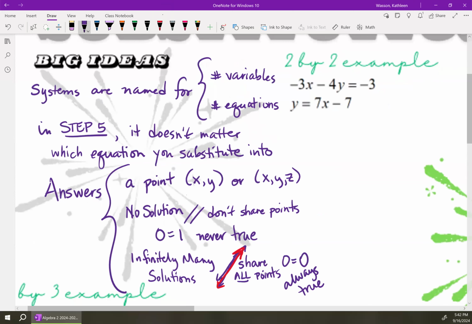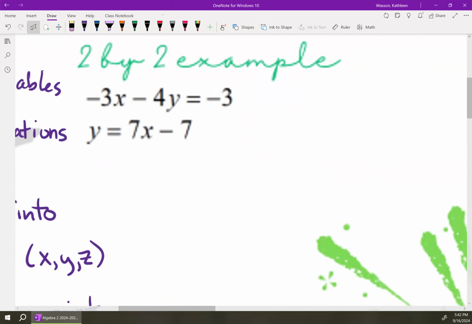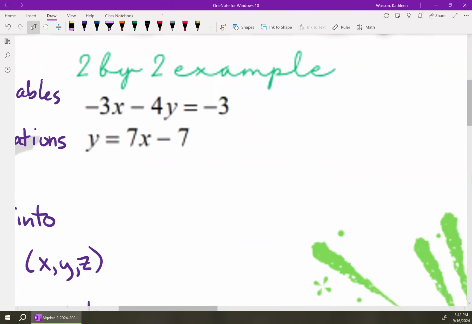So let's see what we can do with this 2 by 2 example here. I have one equation that is solved. It's written y equals. So we will circle what y is equal to, and we'll substitute this expression in place of y in the original equation.